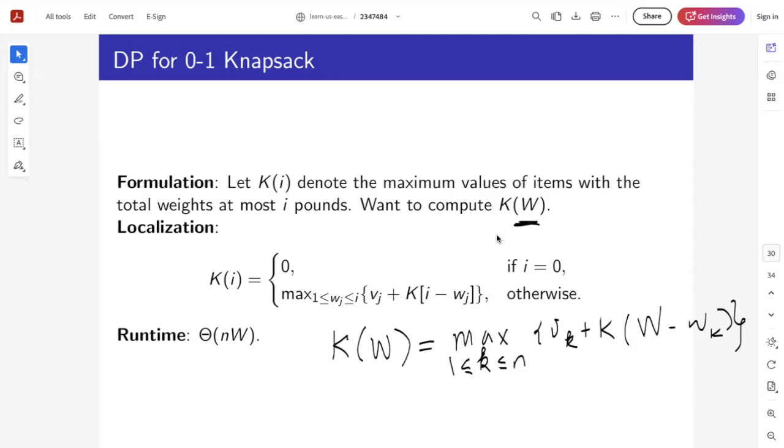And if W is greater than 0, otherwise, if your knapsack doesn't have any capacity, then K of W would be 0.